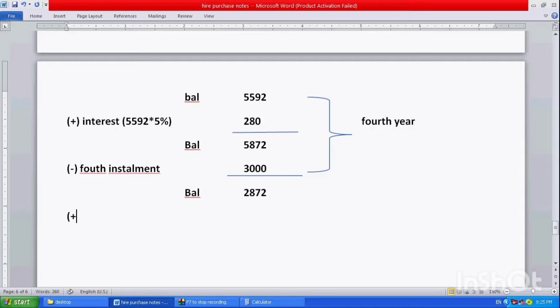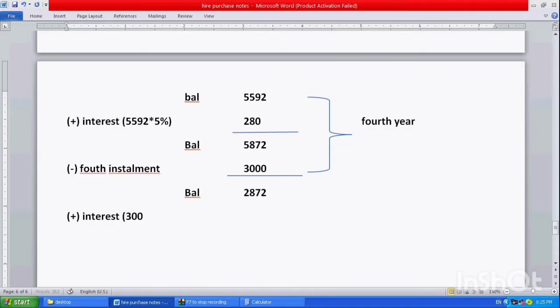First we have to add interest, then we have to pay the final installment. How can we calculate interest, 2,872 into 5%? No, because this is the last installment we have to pay, so we should not calculate like this, 2,872 into 5%. We have to do it directly. What is the final installment we have to pay? We have to pay the final installment 3,000.